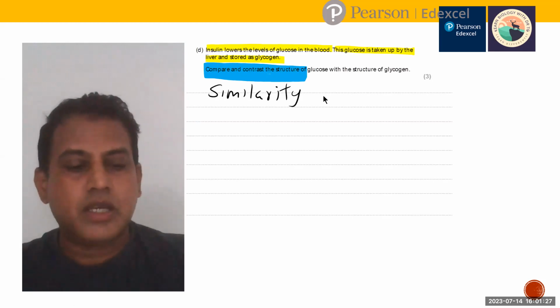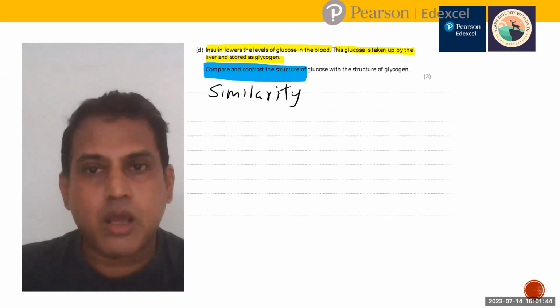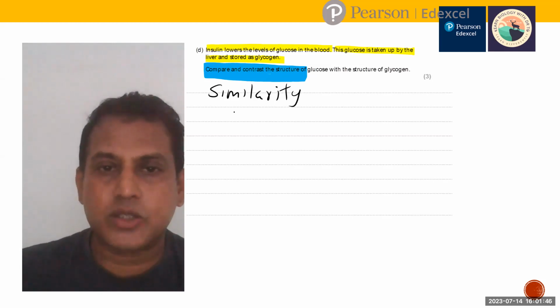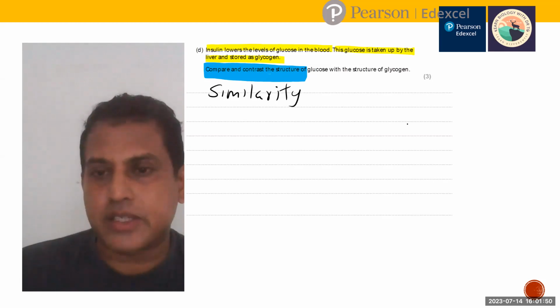Now, when it comes to similarity, most of the time we have one or two similarities, but most of the time we get differences, but this is not always correct. So we look at the glucose and glycogen structure.